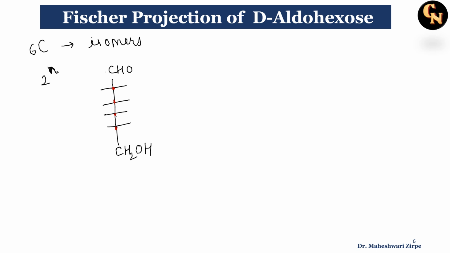So how many carbons are there in between? There are 4 carbons. All will be chiral. Okay, all will be chiral carbons. So in hexose, how many chiral carbons are there in total? 4 chiral carbons are there. 4 chiral carbons are present on hexose. Okay, that means n is equal to 4.